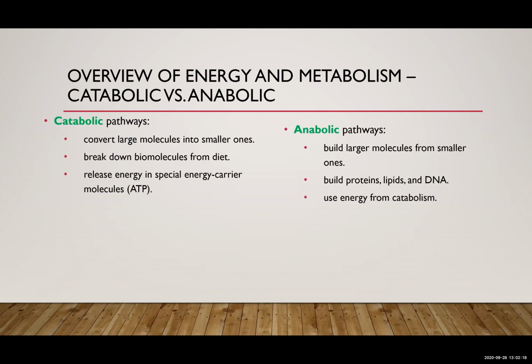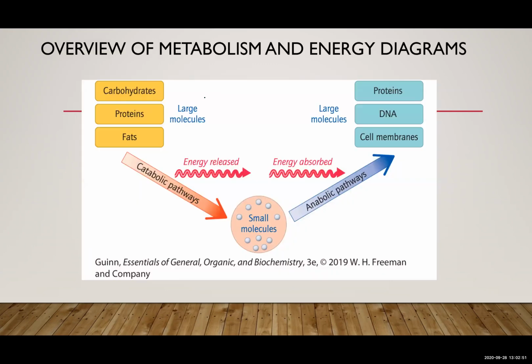Catabolic is generally associated with digestion, breaking down of food molecules from our diet, and this process generally will be exothermic. They will release energy. Anabolic pathways are observed in building larger molecules such as protein or DNA or lipids from the smaller molecules, and these processes are generally endothermic.